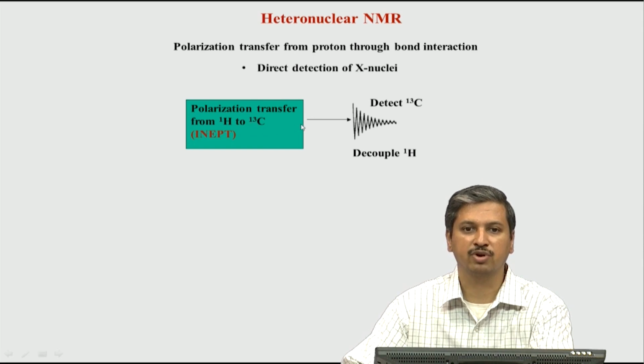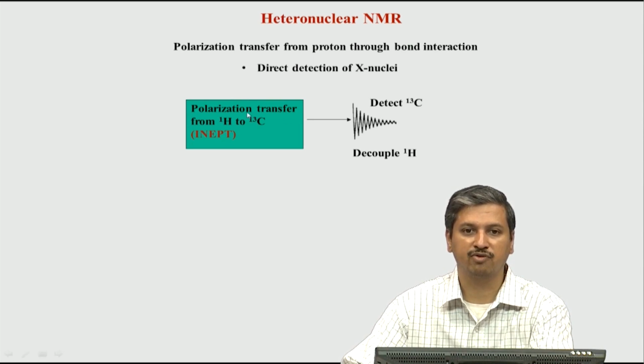Because of that, when I excite the carbon, its signal will be 4 times stronger compared to not having this transfer. This is the advantage, your sensitivity has gone up by 4 times, which is a tremendous improvement compared to not having this transfer block or element. How this 4 times sensitivity improvement helps us, we will see later.